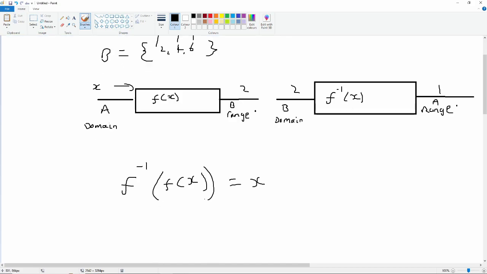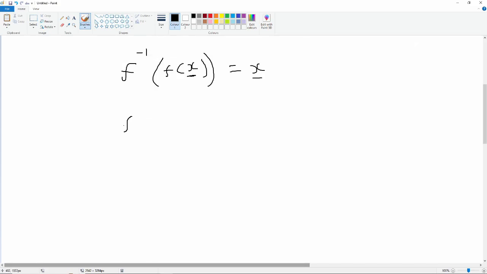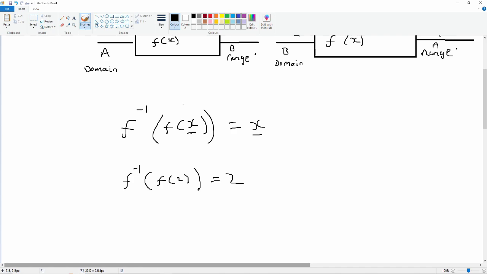So whatever the argument is for the original function, if you then put the output of the function into the inverse, you will get the original argument back out. So f to the -1 of f of 2 would equal 2. It's just that simple.